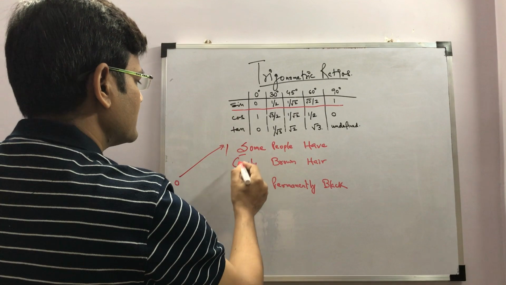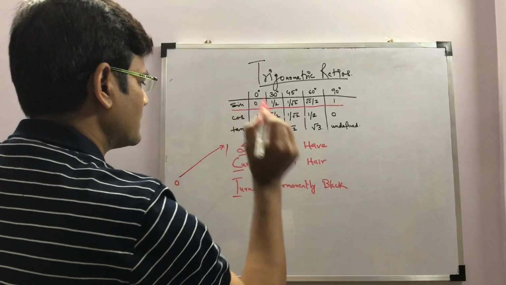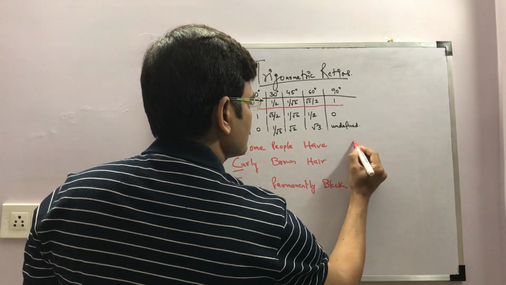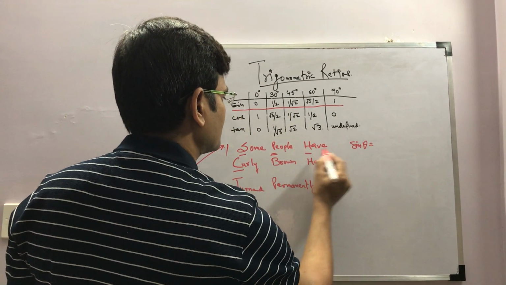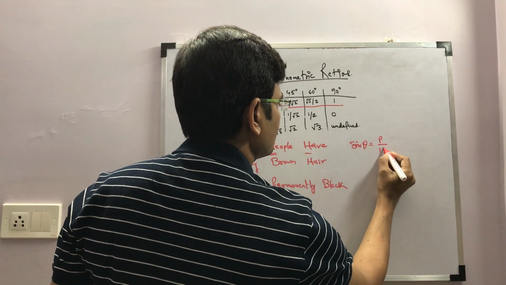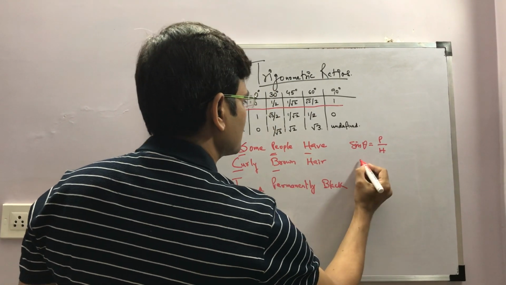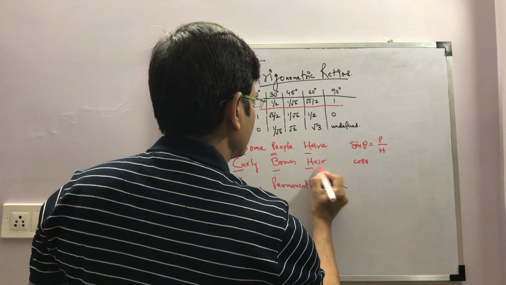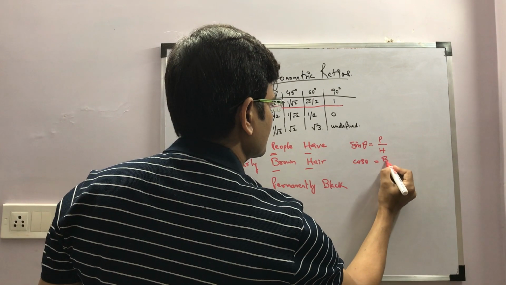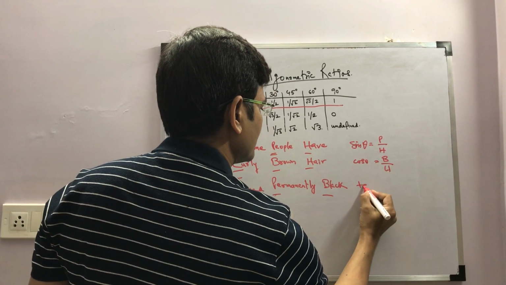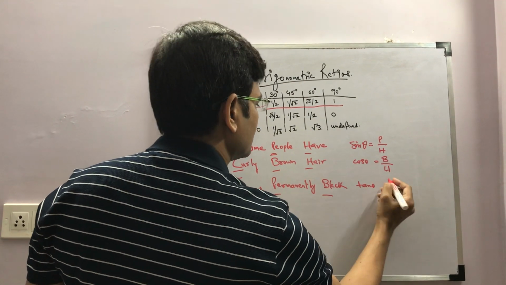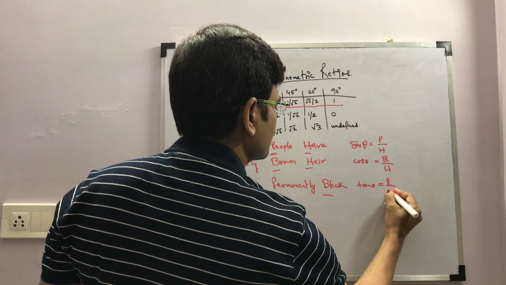So S is sin theta, C is cos theta, T is tan theta. Sin theta is always perpendicular by hypotenuse, P by H. Cos theta is base by hypotenuse. Tan theta is P by B, perpendicular by base.